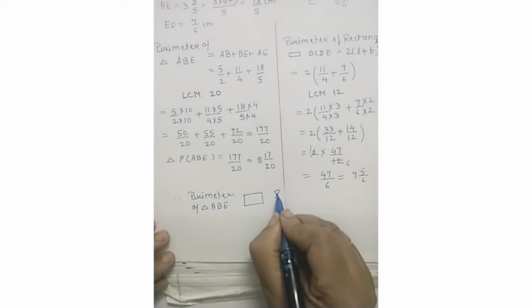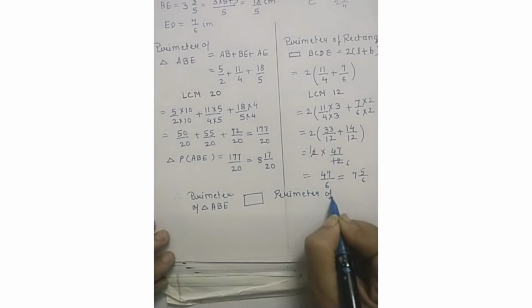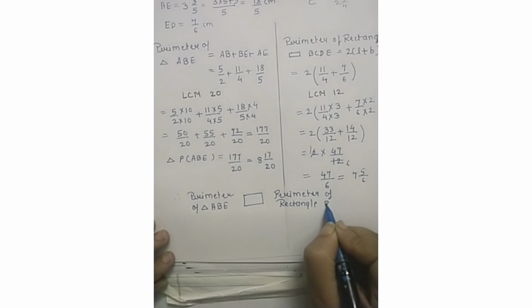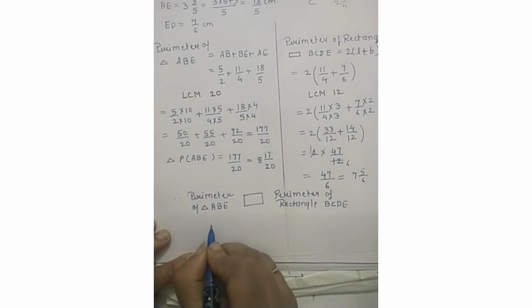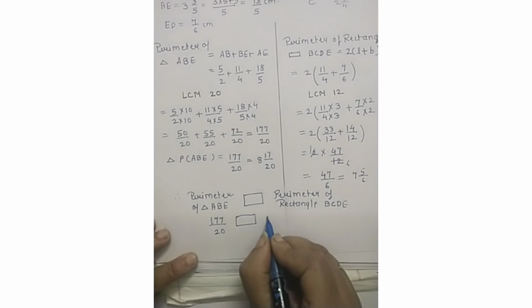And perimeter of rectangle BCDE. What is the answer? 177 upon 20, and here it is 47 upon 6.